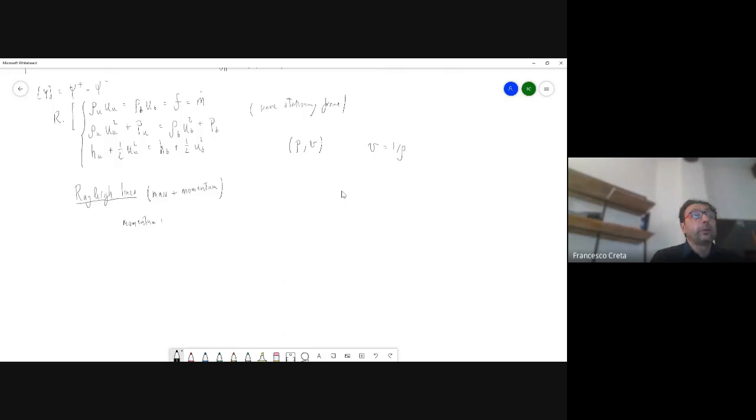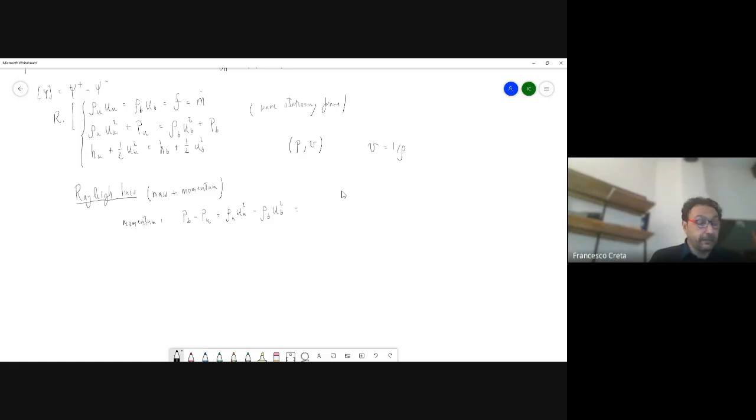We will rewrite this in the following way. The difference of pressures is equal to essentially rho U squared minus rho B UB squared.